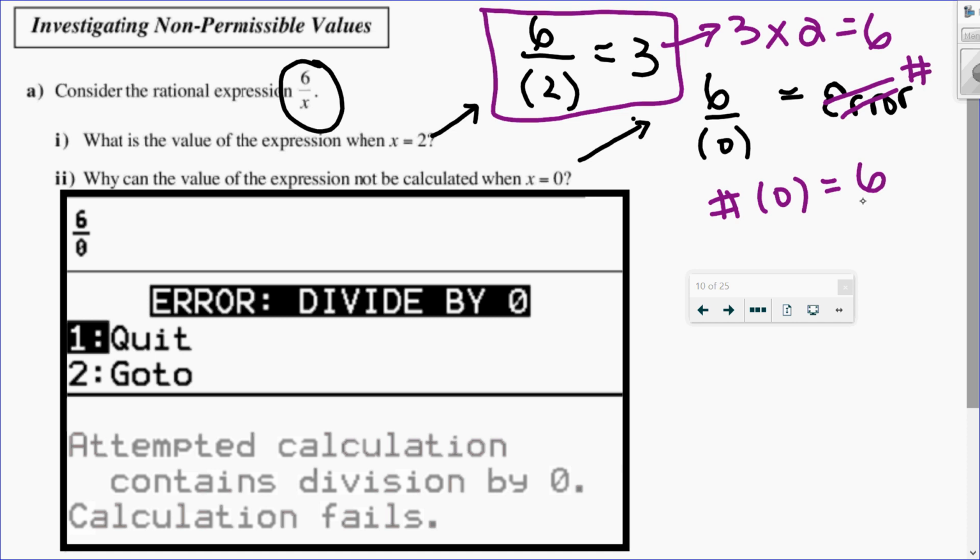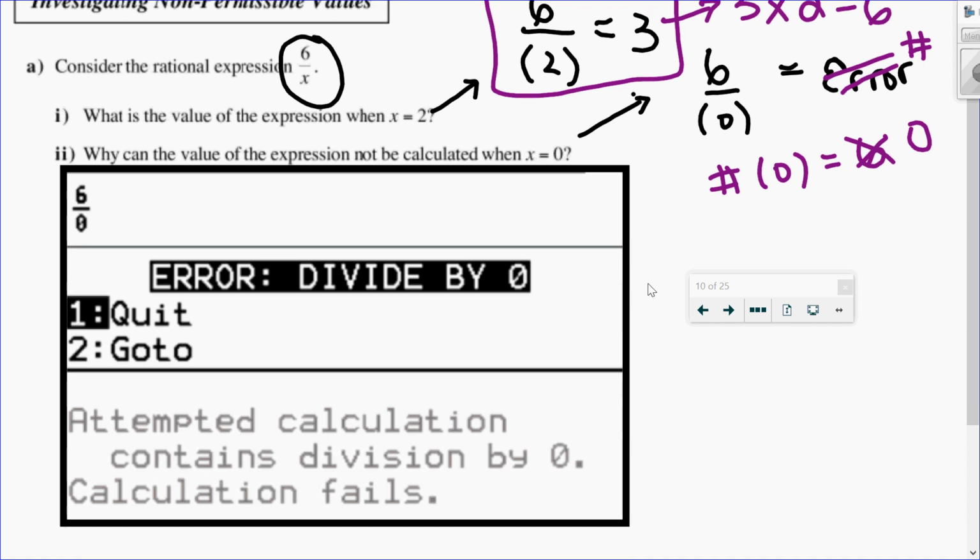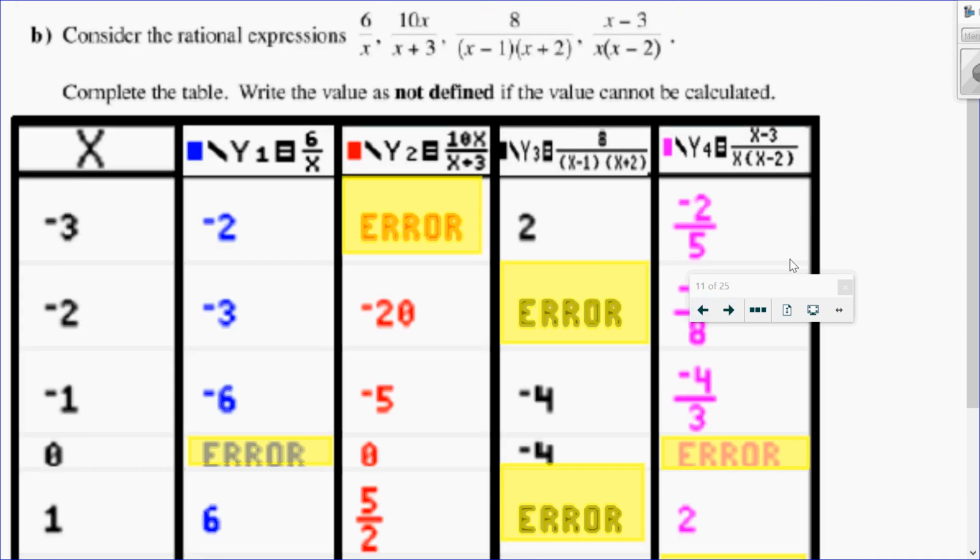And hopefully you can see that's impossible, because if I multiply 0 by any number, it will never equal a number other than 0. So the reason we can't divide by 0 is because there is no number I can multiply 0 by to get something other than 0. So we have to pay attention to the non-permissible values when we're doing division.